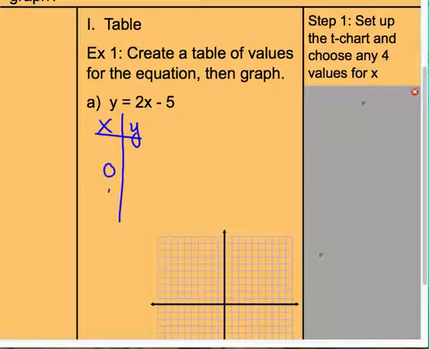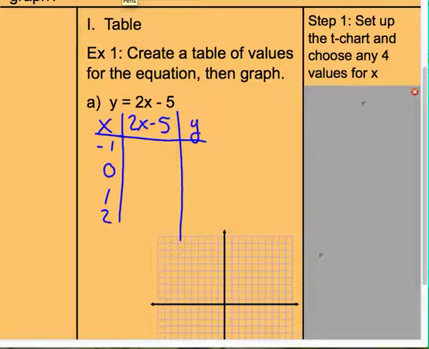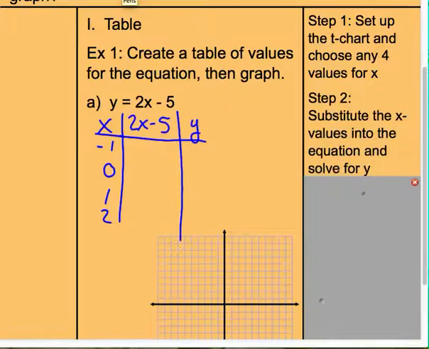I like to choose at least one positive and one negative, and then we'll throw 2 on there as well. So actually what I'm going to do is modify my table a little bit. And I'm going to put the equation in the middle. Because what we're going to do is take our x values, substitute them into the equation for x to solve for y, which is probably what step 2 says.